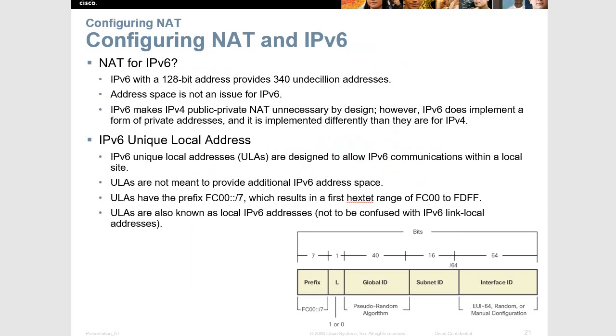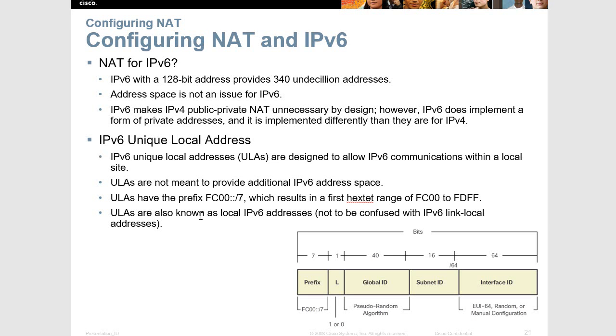Moving on, configuring NAT for IPv6, we're not going to. We just need to be aware of how NAT is used in IPv6. Why we don't NAT is because we're not concerned about IP address space with IPv6, because of those 340 undecillion addresses that we have available. So what we have in IPv6 is NAT64, which gives us the ability to communicate between IPv4 and IPv6 networks.